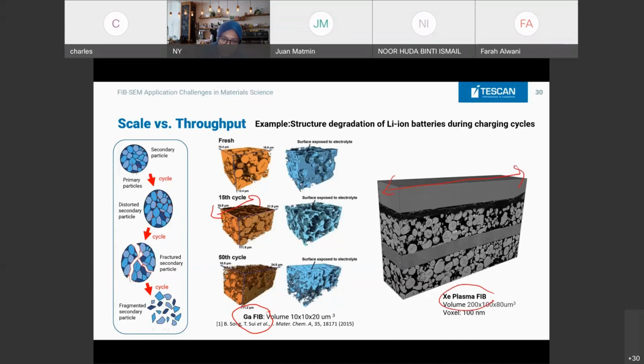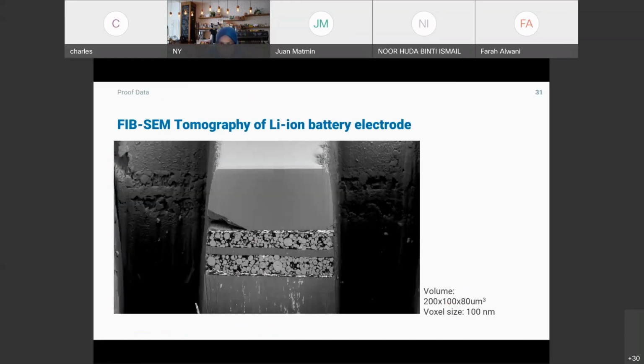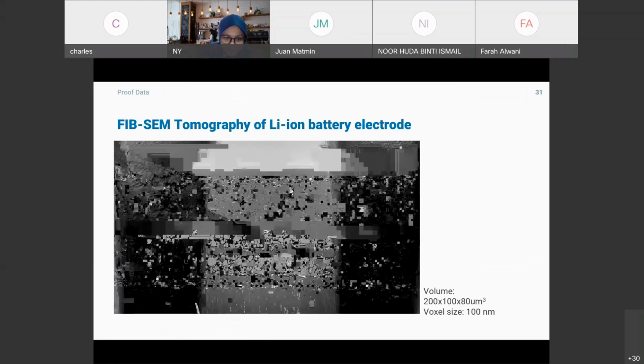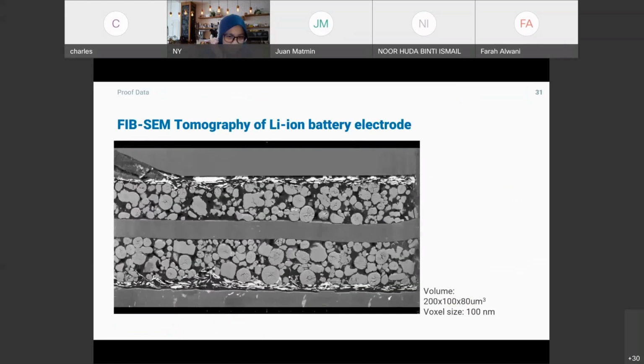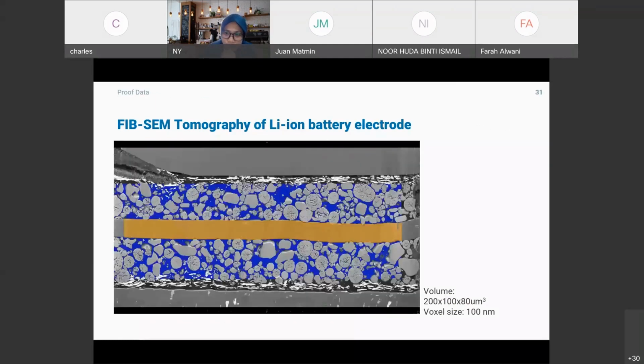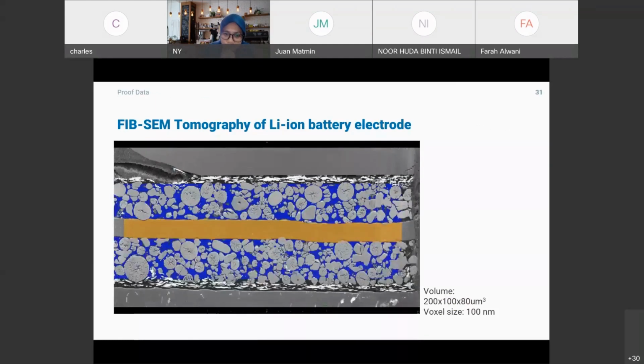In this case, the large volume analysis is beneficial for 3D study of degradation of lithium-ion battery during charge cycling. So this is the case here. And then a video is being shown here. I want to show you how FIB-SEM tomography, or 3D reconstruction of the FIB-SEM, is being carried out.